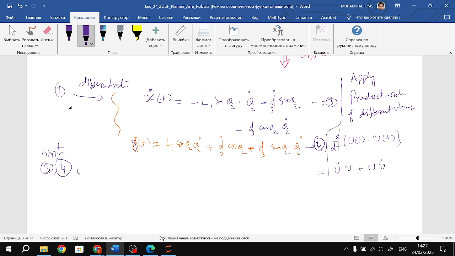Now you want to write equations 3 and 4 in matrix form, so that you can see the Jacobian matrix, and then you can see the velocity of the joint variables. On the left hand side you have the velocity of the end-effector, x dot and y dot. On the right hand side you have theta 2 dot and d3 dot.